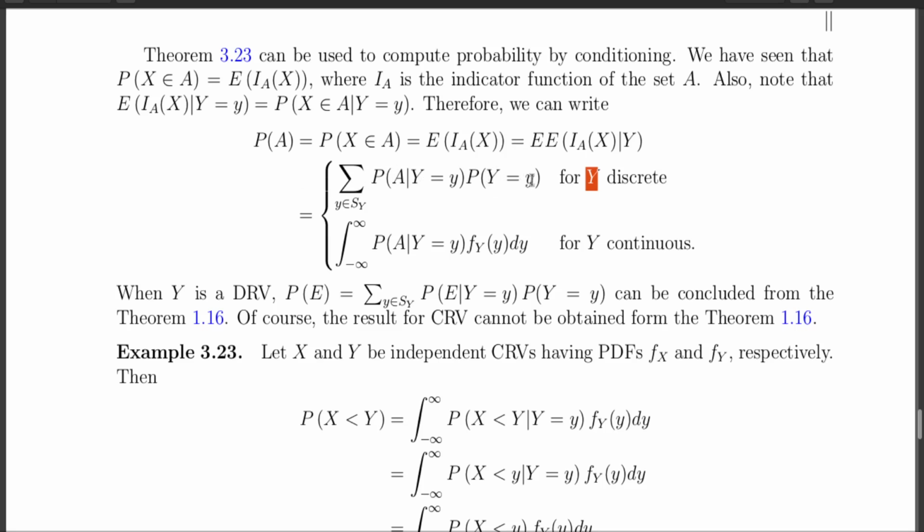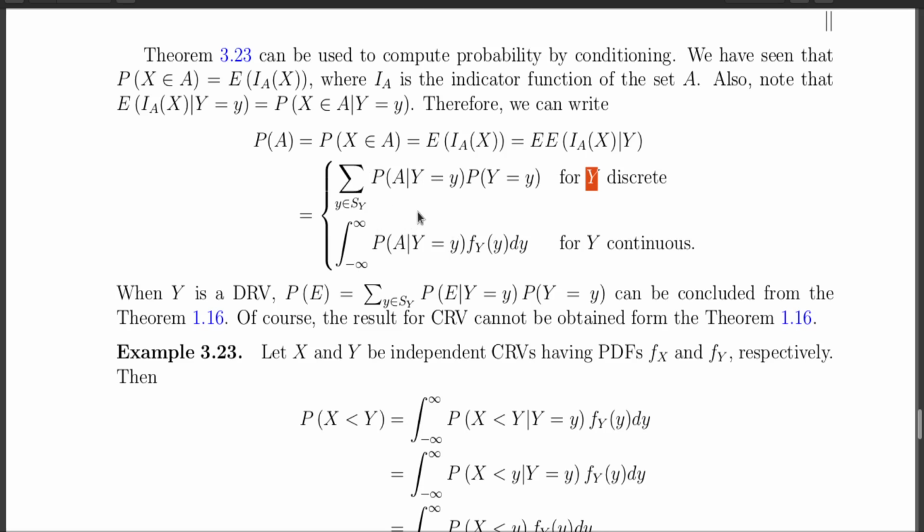That's why I can get this expression from the theorem of total probability, but we cannot get the continuous part from it, and that's why this result is an extension of the theorem of total probability.